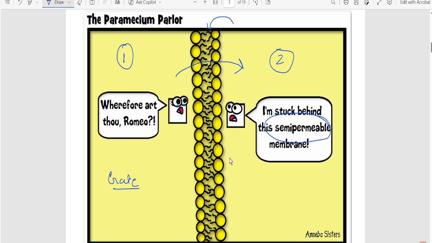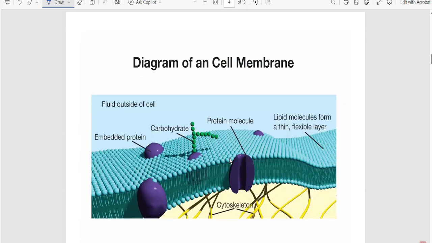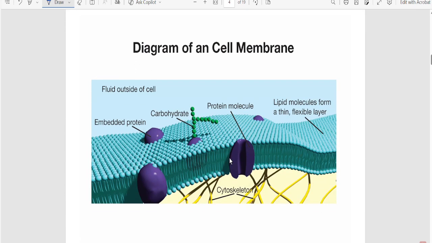Semi-permeable means any substance, before entering, has to take permission from the cell membrane. Only then can it enter or leave. This is how the cell membrane looks.